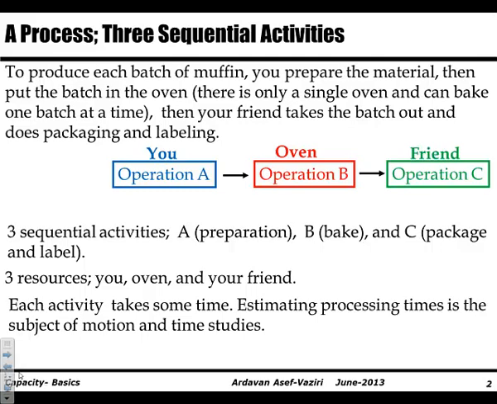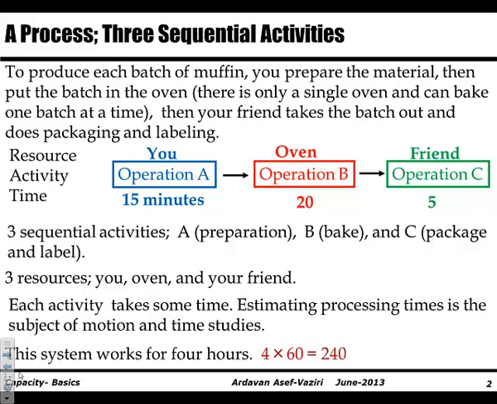In this situation, we assume flow times are given for each operation. In the first operation, it is 15 minutes, in the second, 20 minutes, and in the third, 5 minutes. Each day, we work 4 hours and 60 effective minutes are available in each hour, so we have 240 working minutes per day.